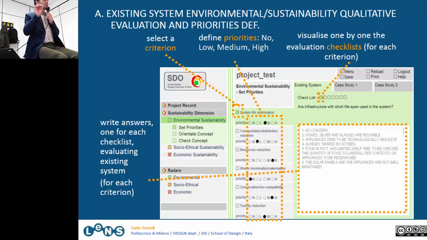And so you are able to define priority. So the first one, system life optimization, is a high priority because I discovered this by answering the questions, and the other one has a lower priority.